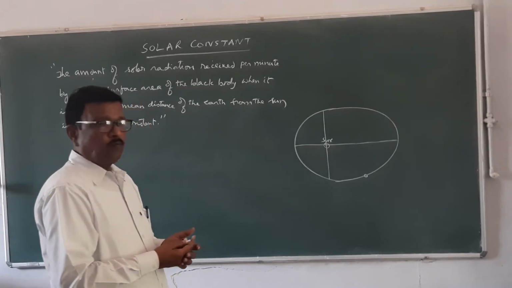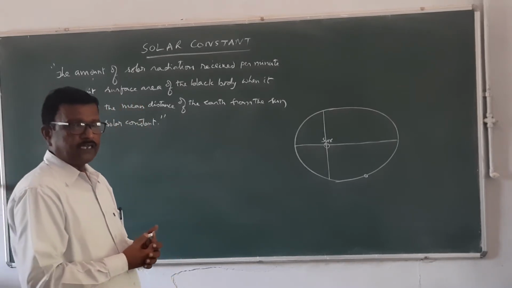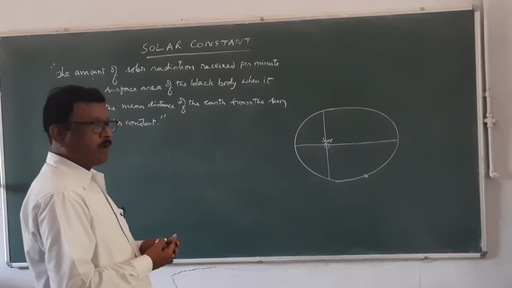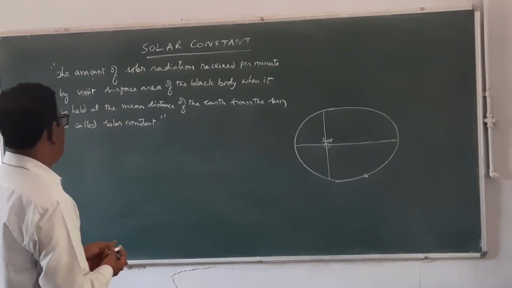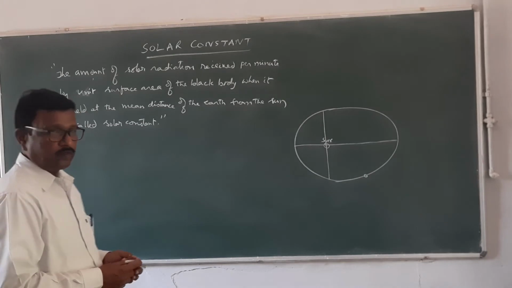This value of solar constant can be determined by using the Armstrong pipe heliometer.